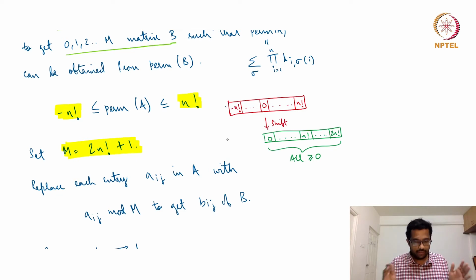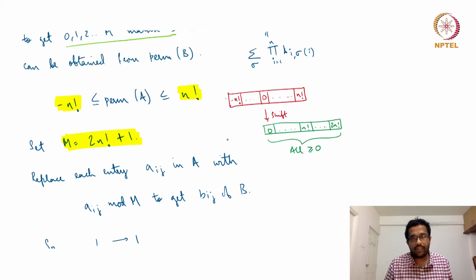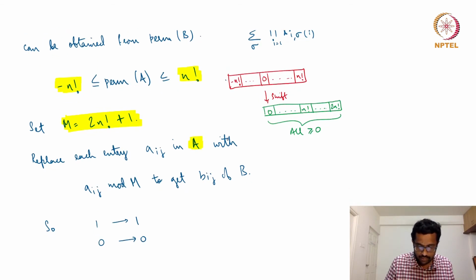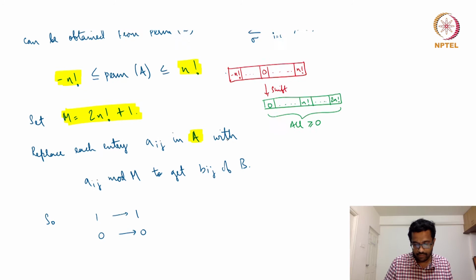In the mod m domain, everything goes from 0, 1, 2, 3 up to 2 times n factorial, and 2 times n factorial plus 1 again becomes 0 mod m. So we look at each entry of the matrix A and replace it with the equivalent mod m value to get B.